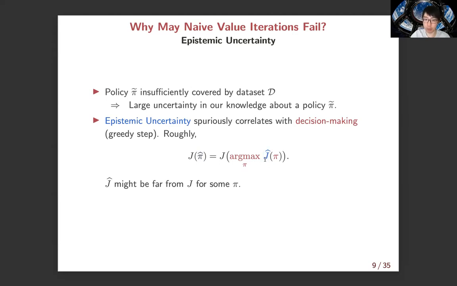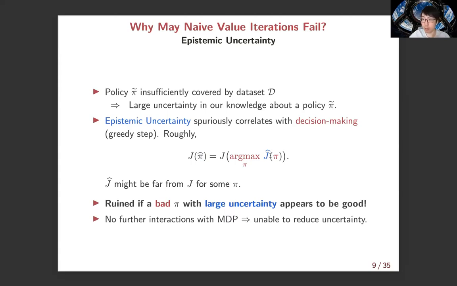And we call this spurious correlation. And in the previous example, this J hat could arise from the arms that are observed less often. Then it will be very bad if we find a pi which actually has a lot of uncertainty, and it just turns out to be very good just by chance. Okay, it is indeed not very good, but our observation is that it is very good.